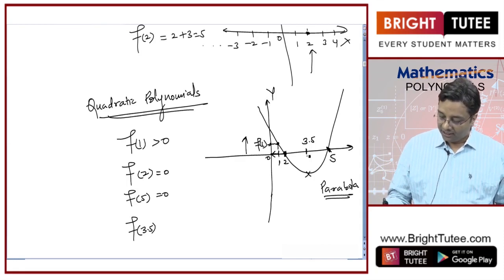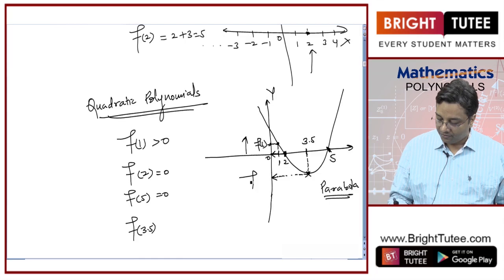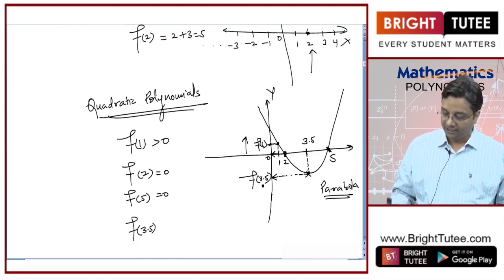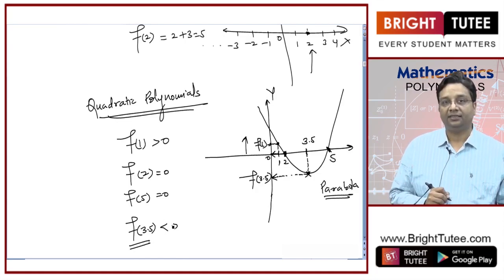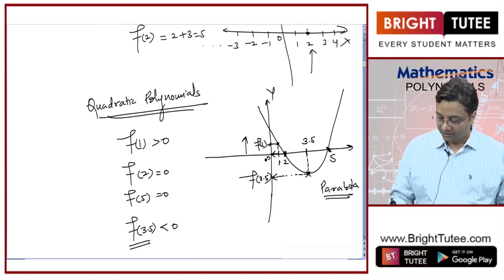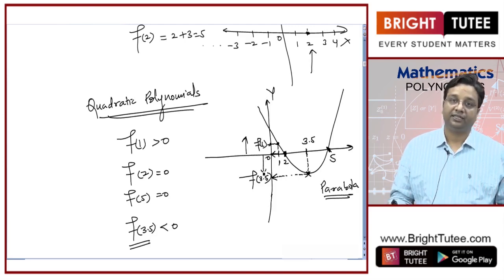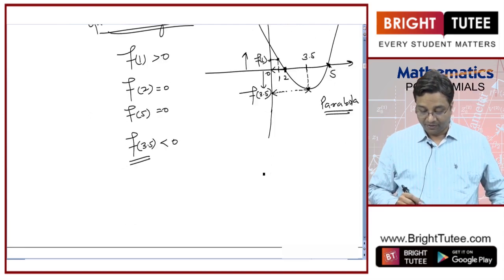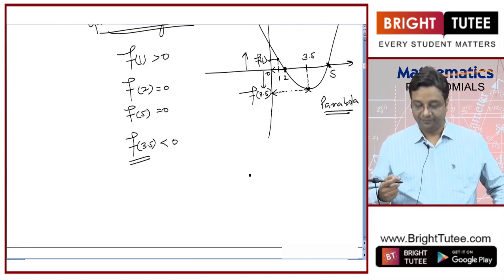What I'll do is I'll go towards the graph, and on the graph I'll look towards the y-axis. So this is the value f of 3.5, right. So is f of 3.5 positive or negative? Obviously it is less than 0, right, because it's in the downward direction, right. So this is how we visualize the value of a polynomial.